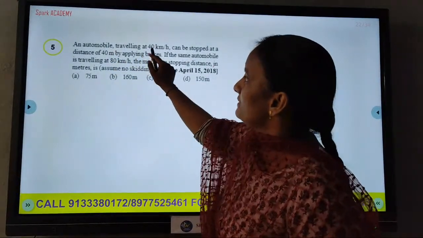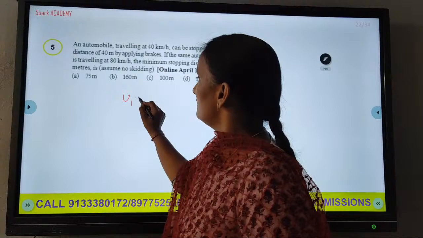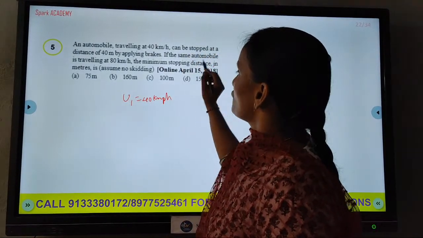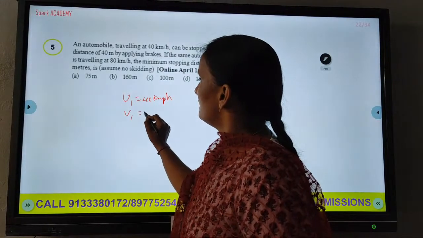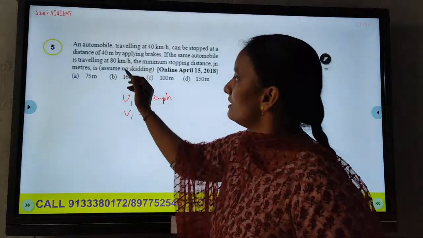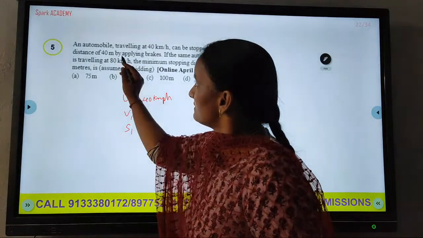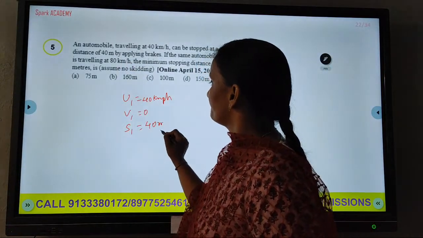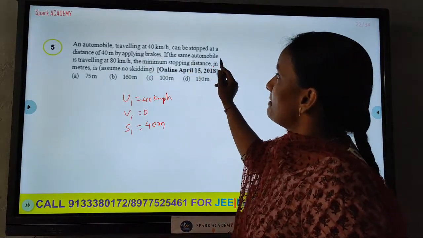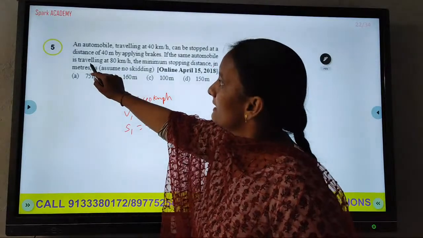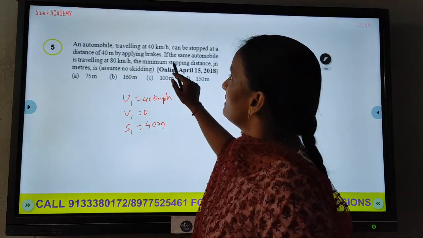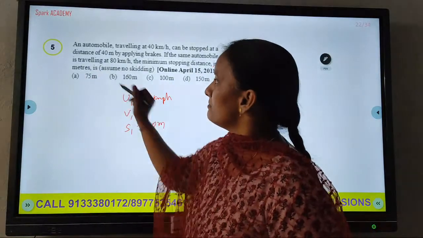So an automobile traveling initially at 40 km per hour can be stopped, meaning its final velocity becomes 0, after it travels 40 meters by applying the brakes.